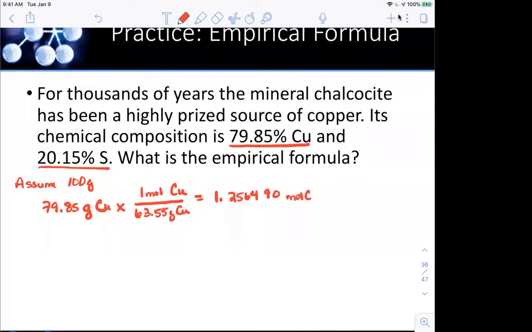moles of copper. If I do the same thing with sulfur, I have 20.15 grams of sulfur, and for every 1 mole of sulfur, I have 32.06 grams of sulfur.